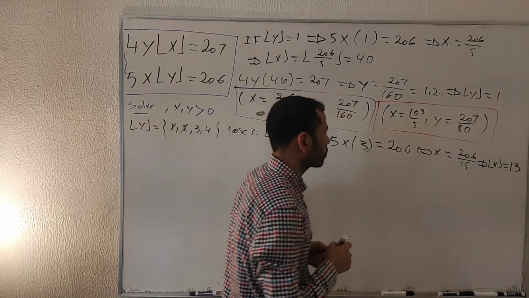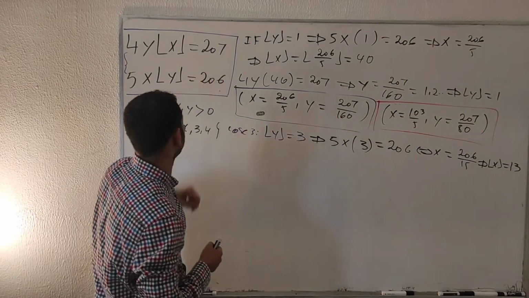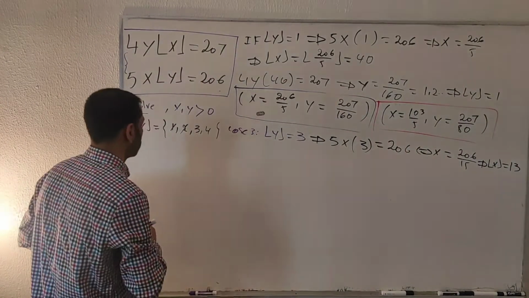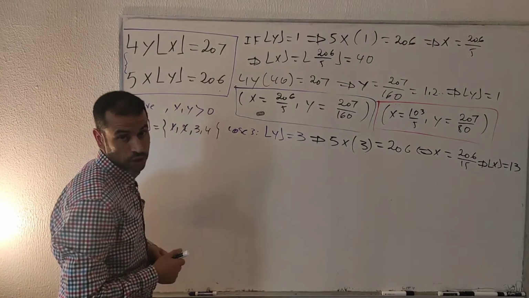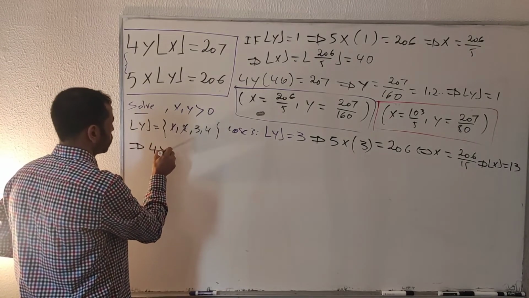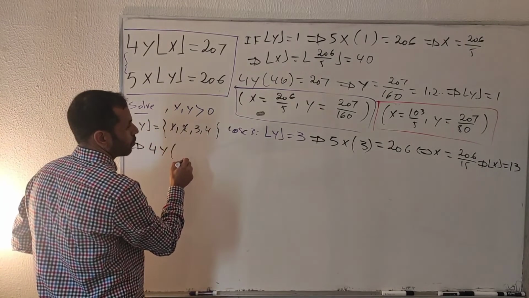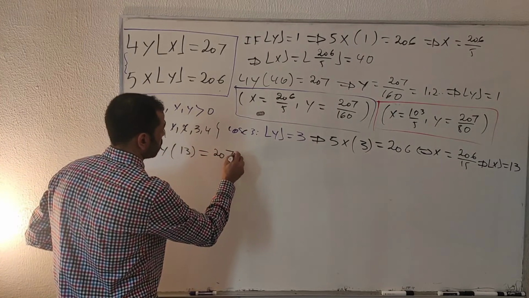Okay, simply take this value of the floor of x and insert it into the first equation to find y, because we know only the floor of y, we don't know y yet. So I have 4 multiplied by y multiplied by the floor of x, which is 13, equals 207.